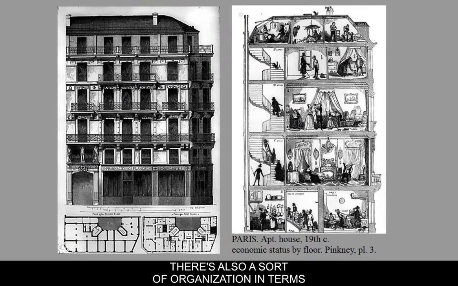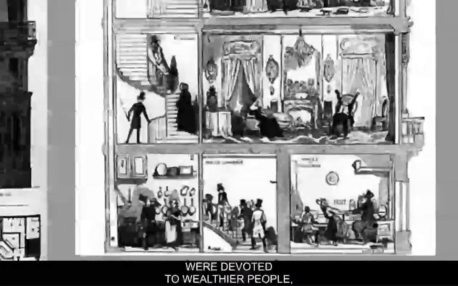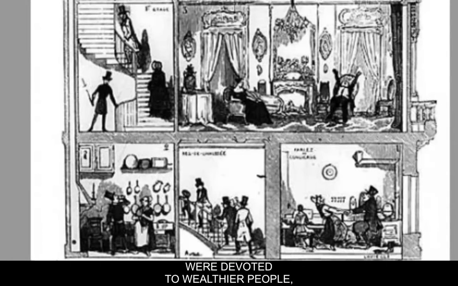There's also a sort of organization in terms of how people lived in these houses, and the lower floors, because they were closer to ground level, and obviously these were walk-ups and it would take a lot of energy to get to the top of the building, the ground floors were devoted to wealthier people, and they might even own an entire floor or rent an entire floor of a downstairs apartment.